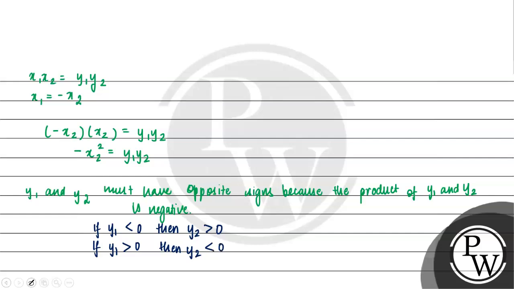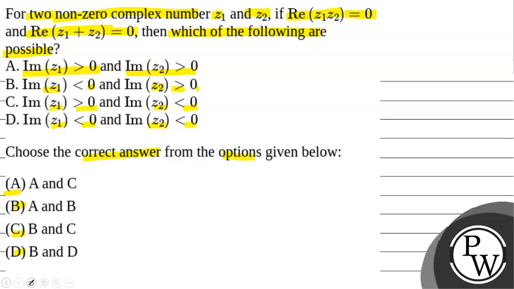Now let us evaluate the options which are provided to us. अगर हम options की बात करें, so imaginary part of z1 is greater than 0 and imaginary part of z2 is also greater than 0. It would not be possible क्योंकि दोनों parts ही positive हैं simultaneously.